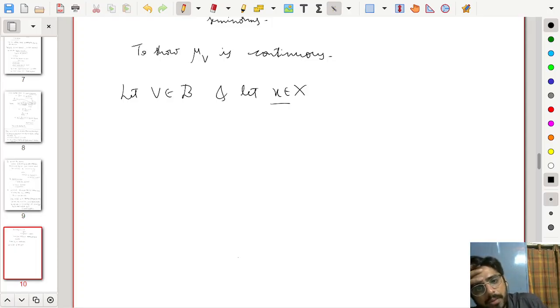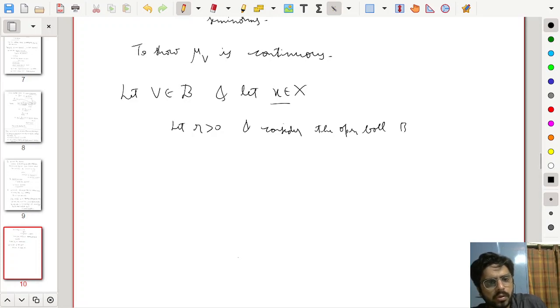We take a neighborhood of mu V of x. So let r be positive. Consider the open ball B of mu V of x comma r in K. This is the open ball in K.